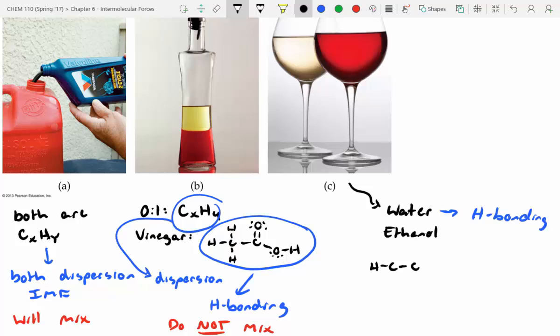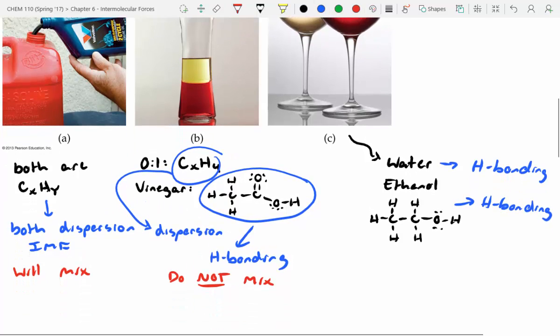And let's draw out ethanol real quick. We already did this once before. What's the main intermolecular force for ethanol? H bonding. So these should mix because they both have the same intermolecular force. Does that make sense? Okay, there are a couple of special cases, so let's take a look at some of the special cases.